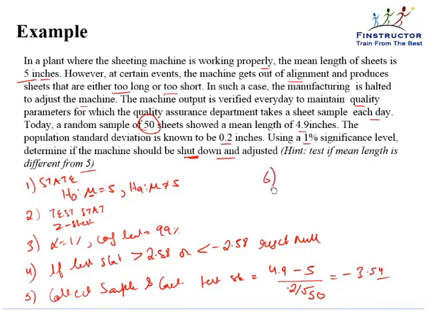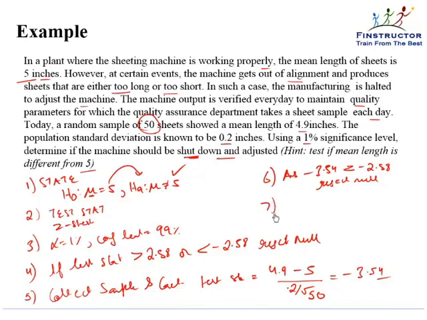Step 6 is to make a decision about the test, as minus 3.54 is lesser than minus 2.58. Reject the null. So if we reject the null hypothesis, that means we reject the statement that the mean is equal to 5 and conclude the alternative, that is, the mean is different from 5.